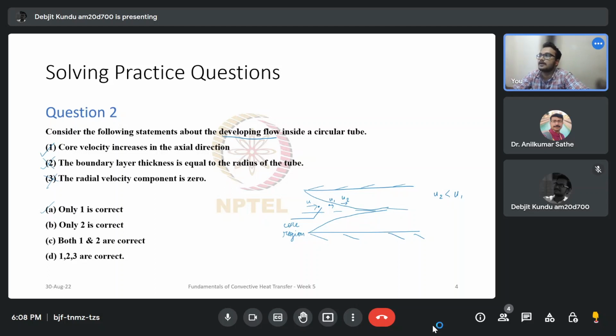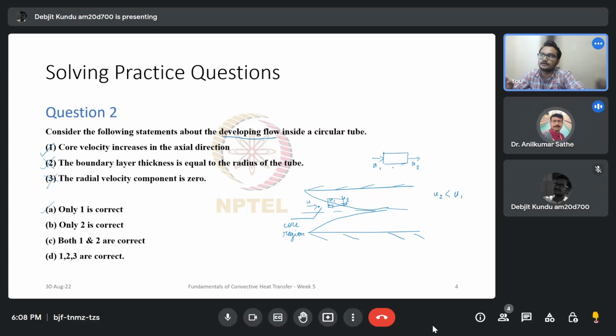So if we take a control volume like this, since this u is slowing down, within this control volume, the mass influx is more than the mass outflux in the x direction. Let me do this more correctly. Here is one velocity and here is another, u2 here and u1 here. We know that u2 is less than u1, and these are all incompressible flow.